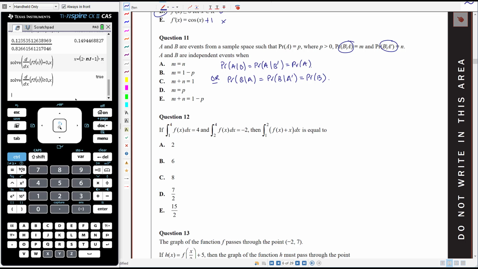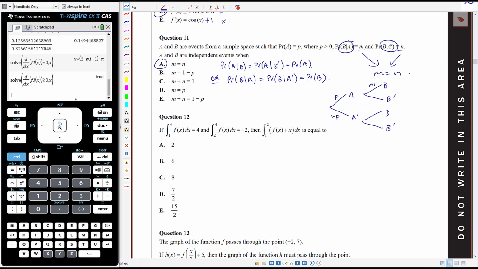And so what that means is that this is pretty straightforward, really. That has to be the same as that. M has to be the same as N. So they're independent if M equals N. That's true. If you tried to draw a tree diagram, A can happen or not happen, and then B can happen or not happen. Probability of A is P. Probability of B given A is M, so that's M there.